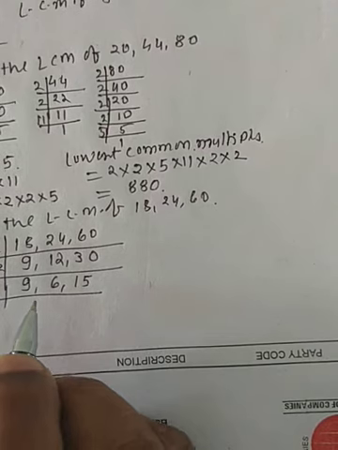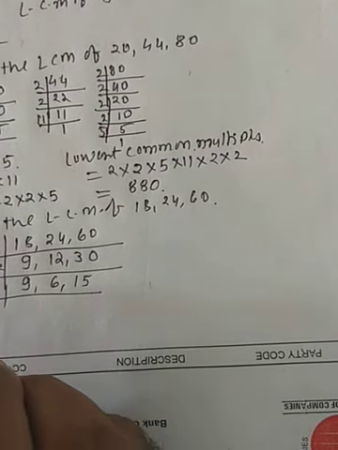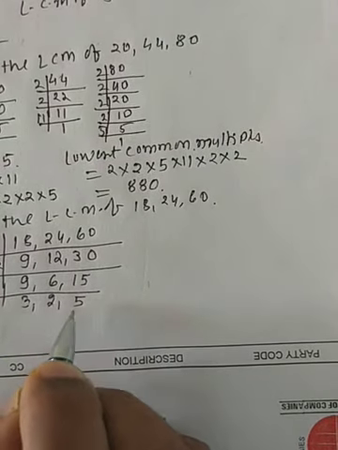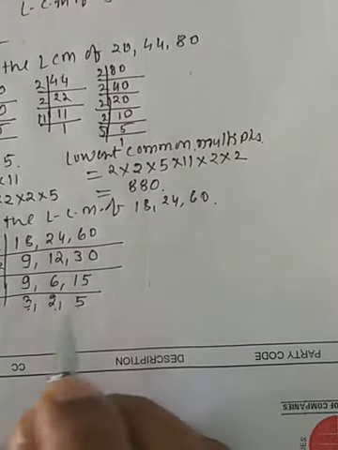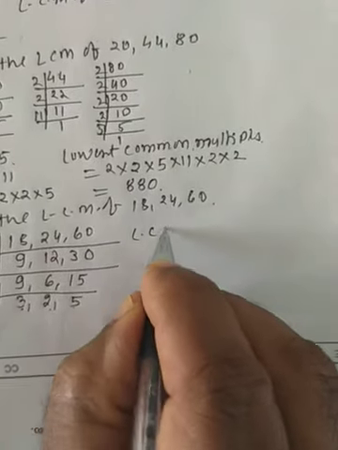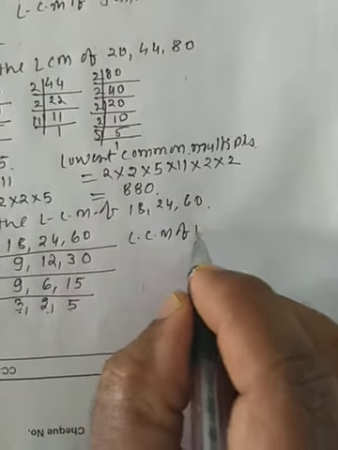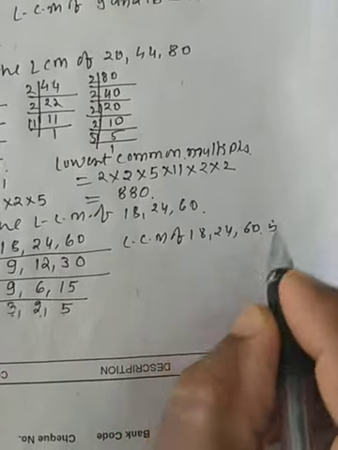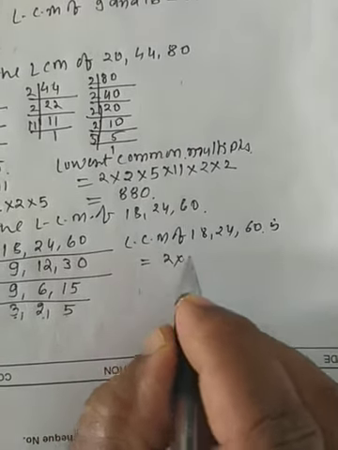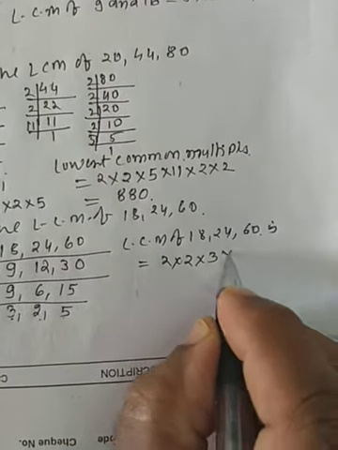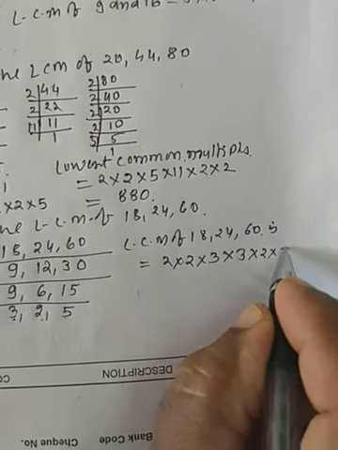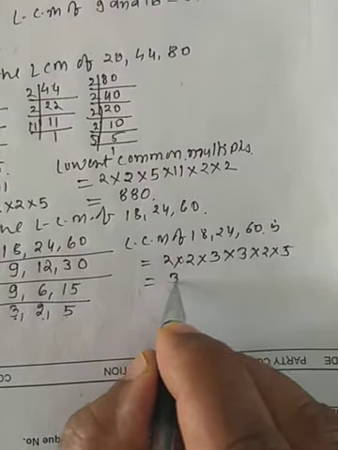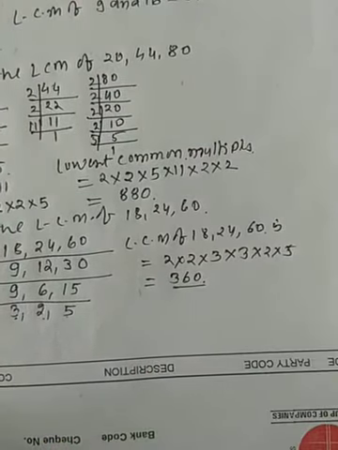Again divided by 3: 3, 1, 2. These are the different numbers. So LCM of 18, 24, 16 is 2 into 2 into 2 into 2 into 3 into 3, which is equal to 144.